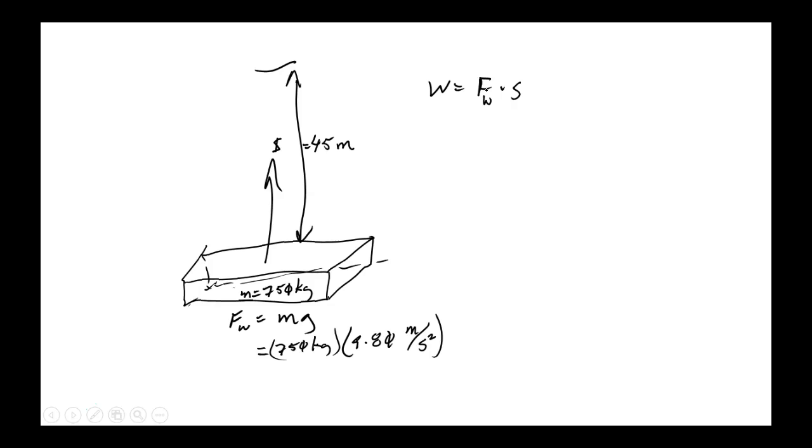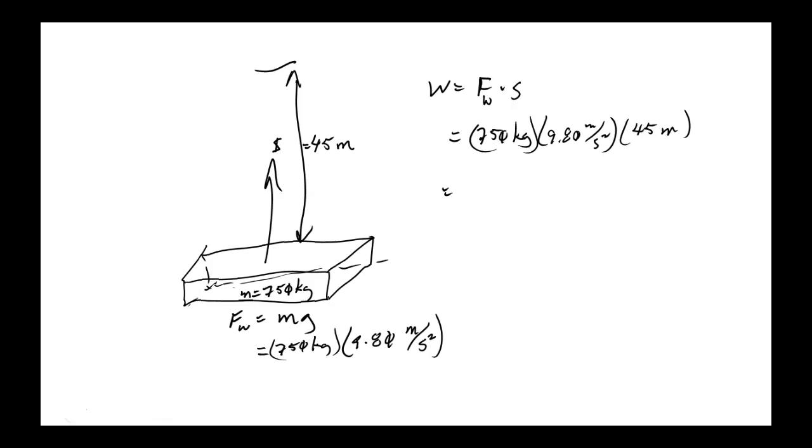That's that one. So what do you have? If you want to work that out, you can, or you can write them all down. 750 kilograms times 9.80 meters per second squared times 45 meters. No angle involved.